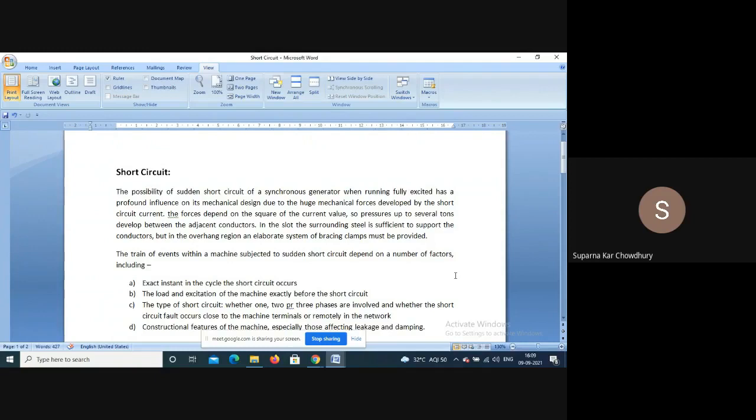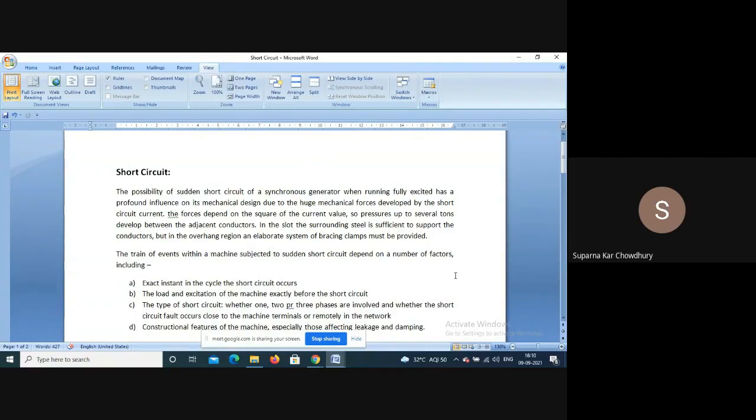Now, at what point of the current and voltage waveform and at what position of the rotor and stator windings the short circuit happens has a profound influence on the short circuit current, what short circuit current will flow and what will be the behavior of the machine.